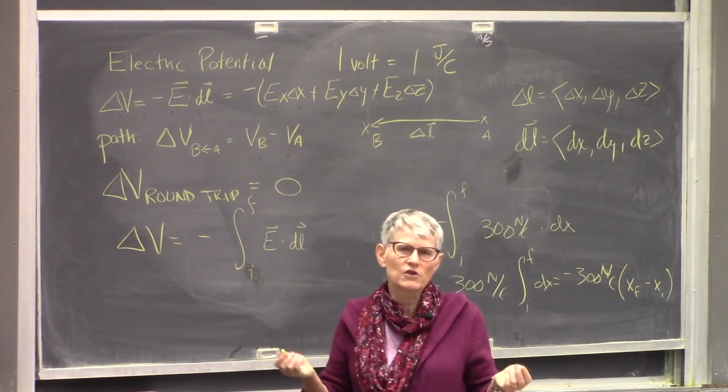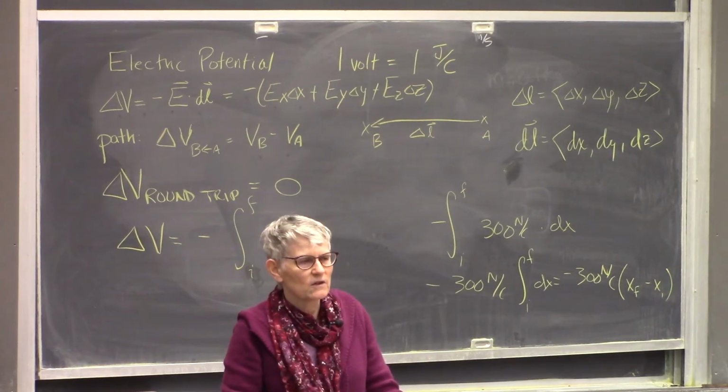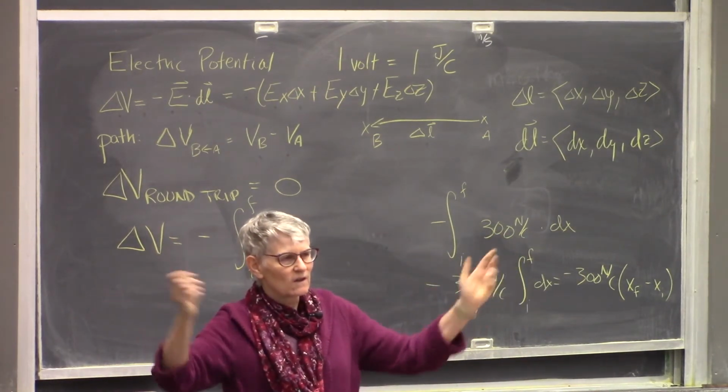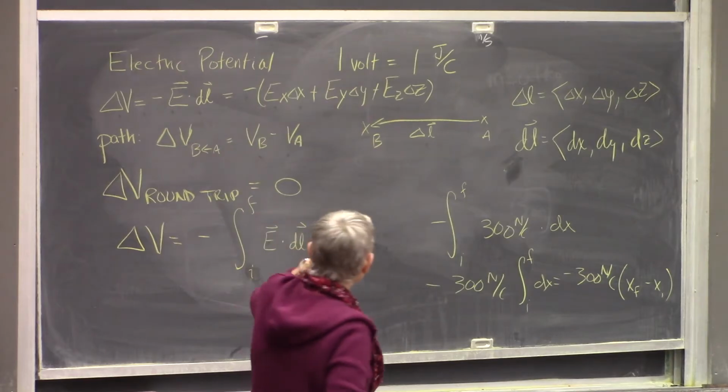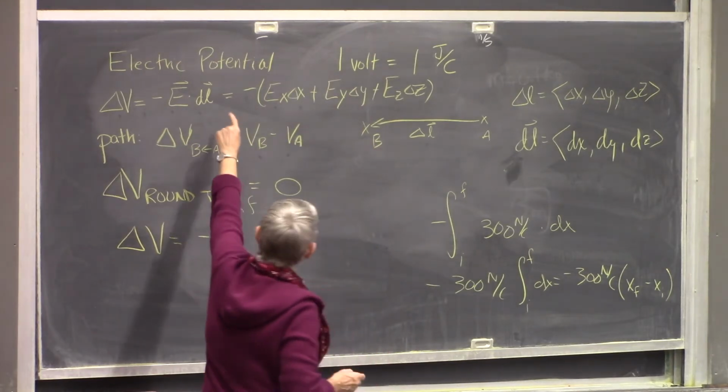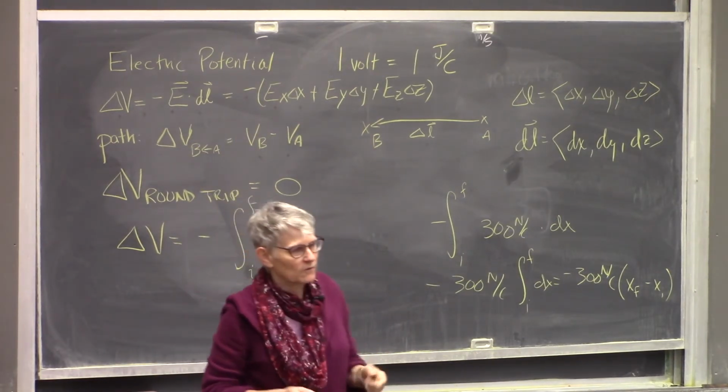So this is a more general definition of potential difference. It includes the definition we were using for a uniform field.